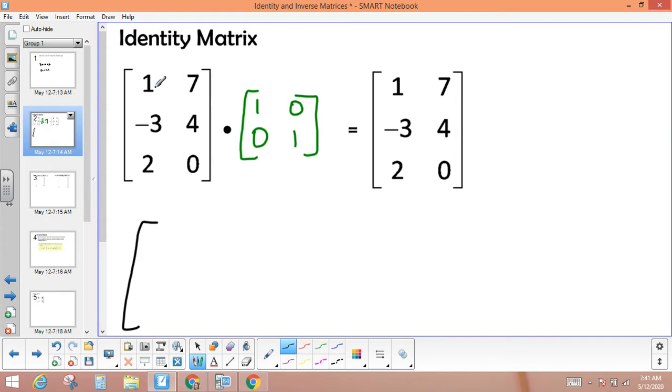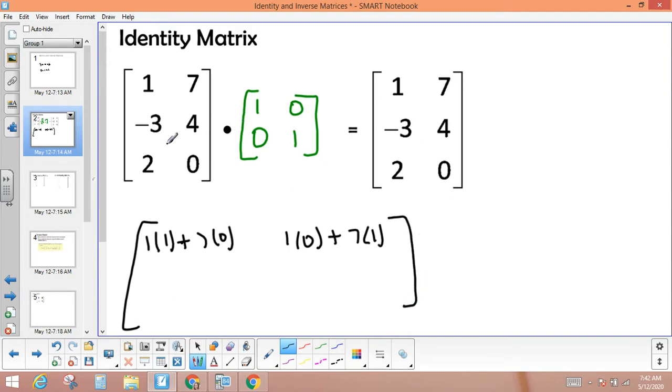We do this row times this column. That gives me 1 times 1 plus 7 times 0, which gives me the 1. The first row by the second column gives me 1 times 0 plus 7 times 1, which gives me the 7.